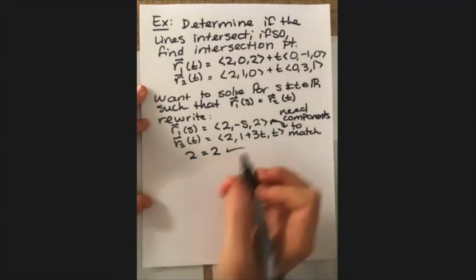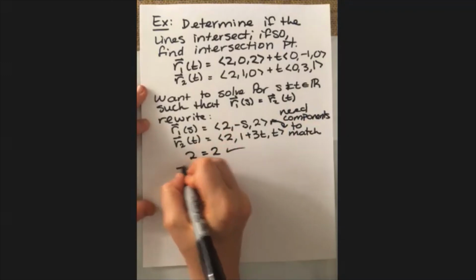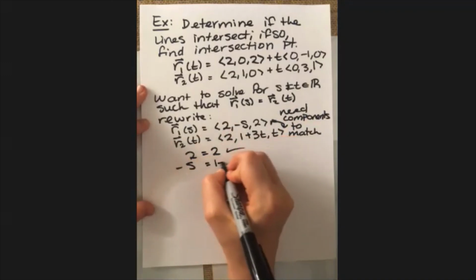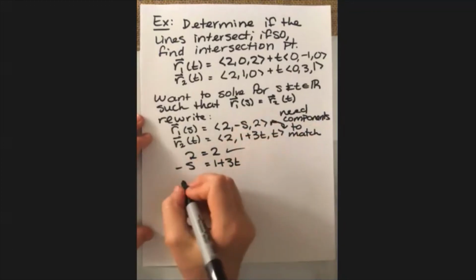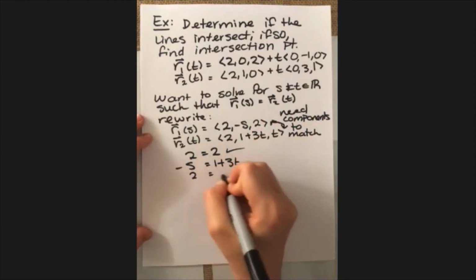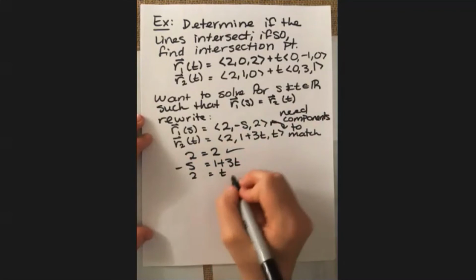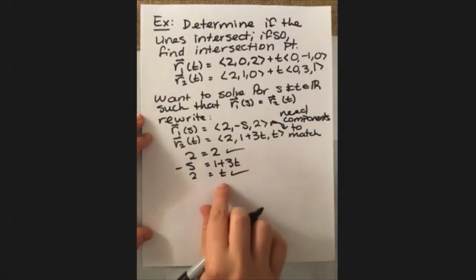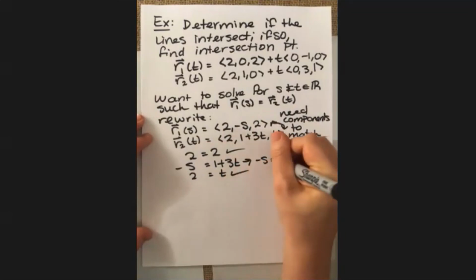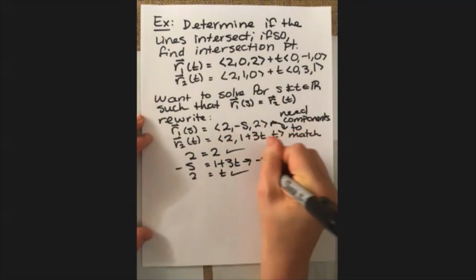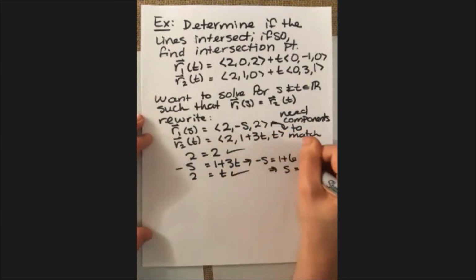Well, that one's already done for us. Negative s is equal to 1 plus 3t, which comes from that y component right there. And then finally, 2 is equal to t. That one's work is already done for us too. So we can take this 2 and plug it into t here, and we're going to get that negative s is equal to 1 plus 6, which means that s has to be equal to negative 7.